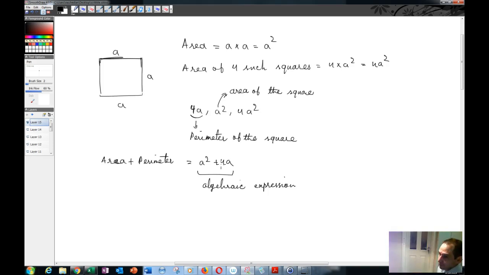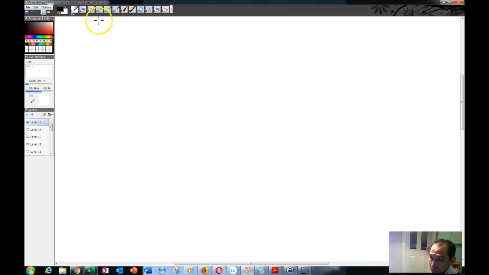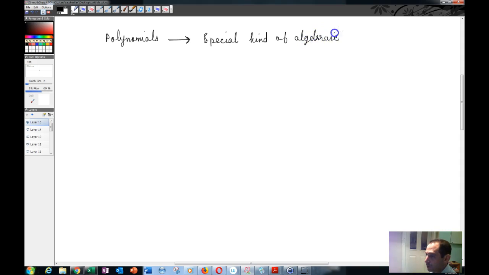Now, these polynomials that we have been talking about this whole while are, as I mentioned before, a special kind of algebraic expressions.